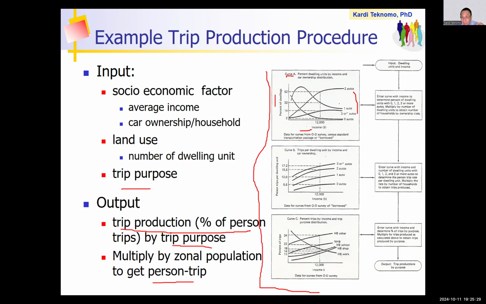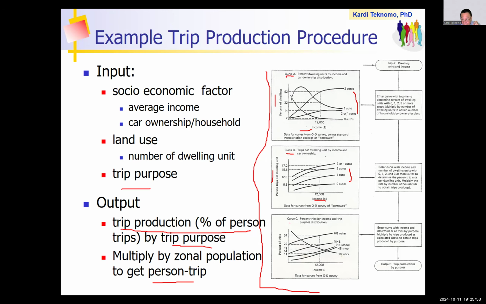Now in the second chart here, again you have the income, and then you get the car ownerships. And then you will get the person trips per dwelling unit.